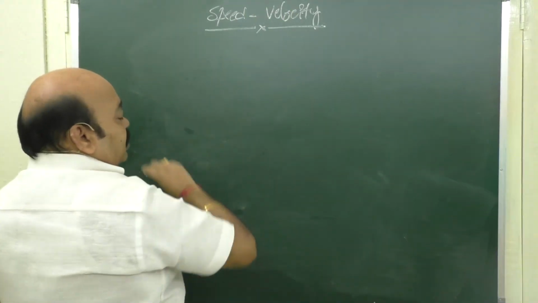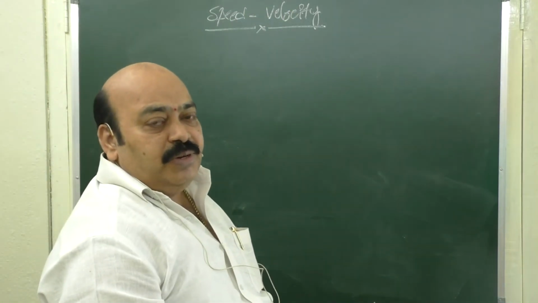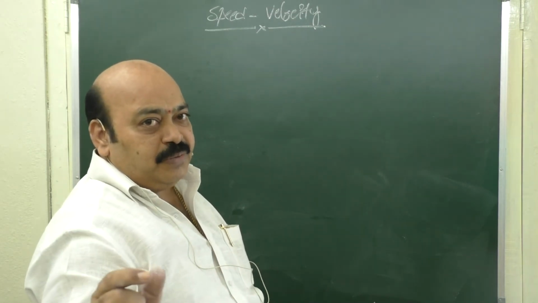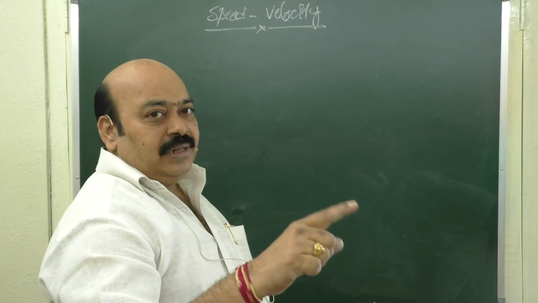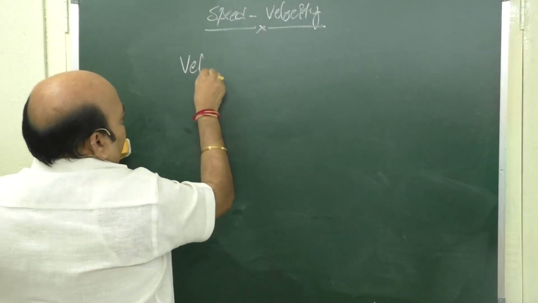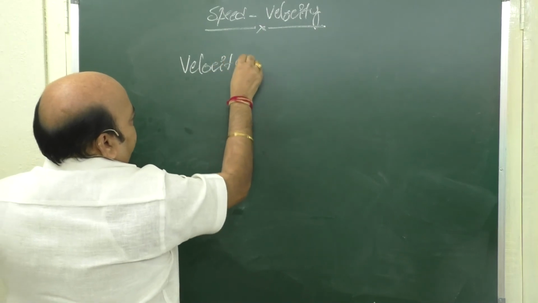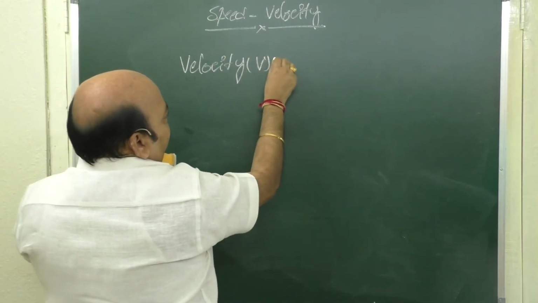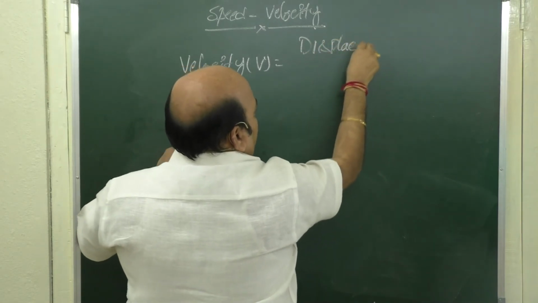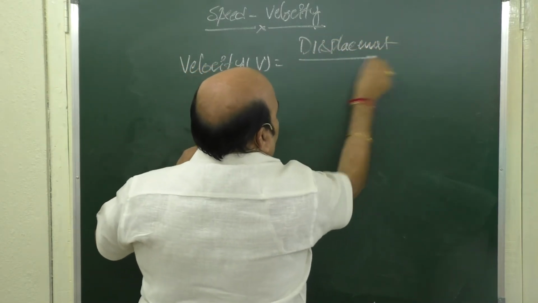This is about speed. Now, the next part: velocity is nothing but the rate of displacement. The rate of displacement. In the previous case, it was the rate of distance travelled. In the same way, we can write in mathematical form, velocity denoted by v is equal to displacement by time.